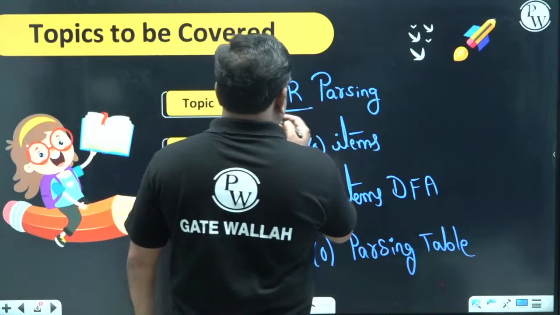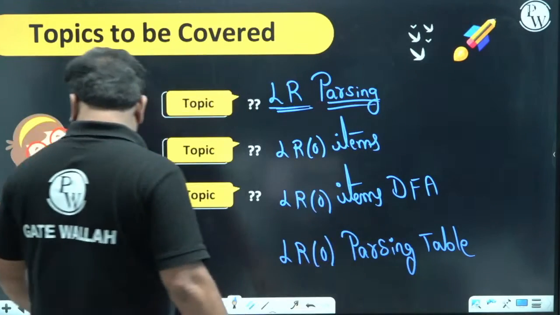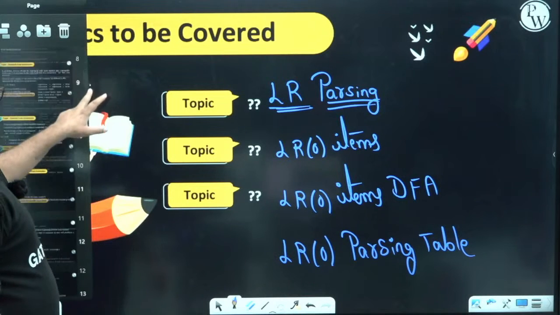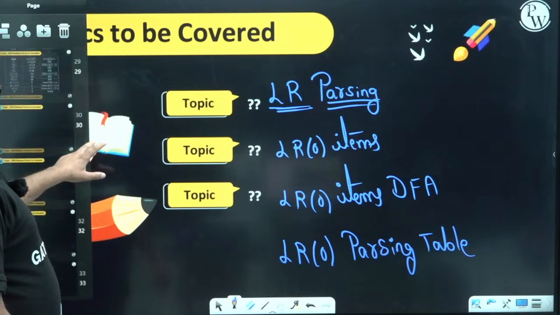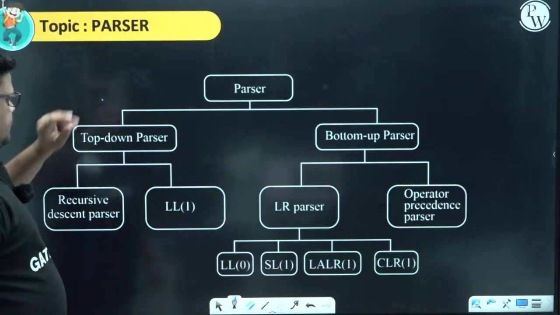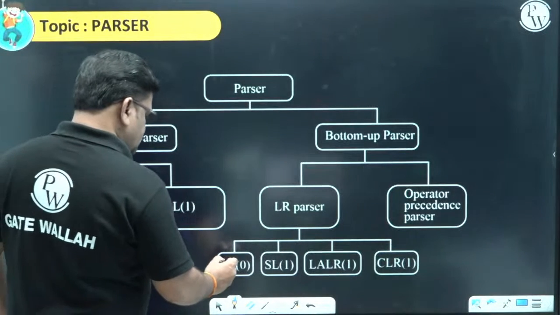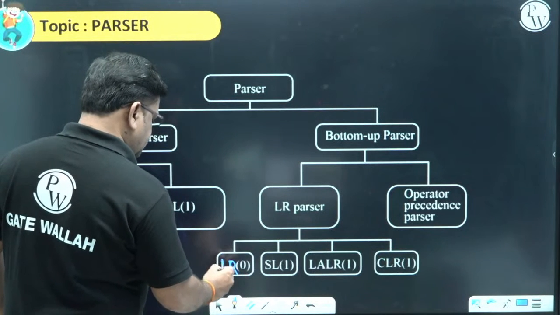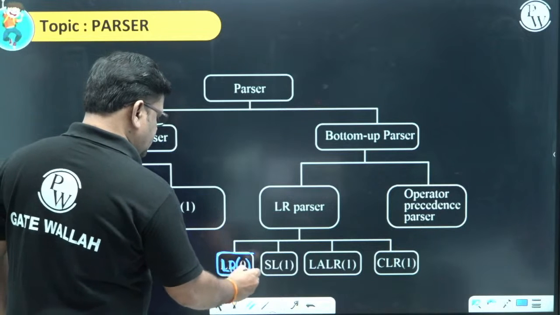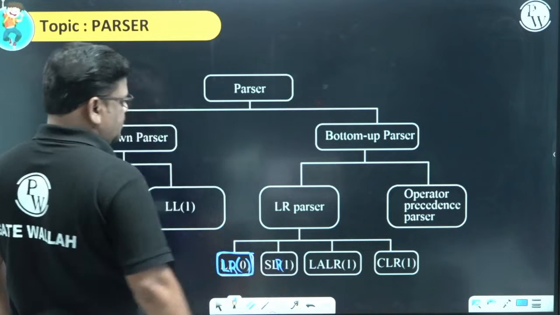Okay, right. So let us see what we have discussed about shift reduce parsing in the last class. So this is our LR parser, LR0. Our discussion is today on LR0. Next SLR1, all this.